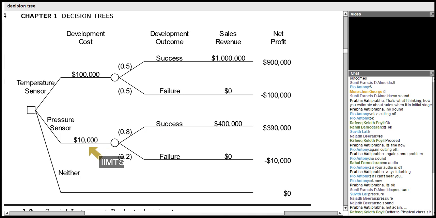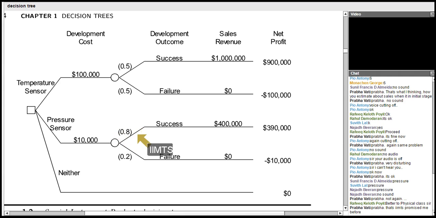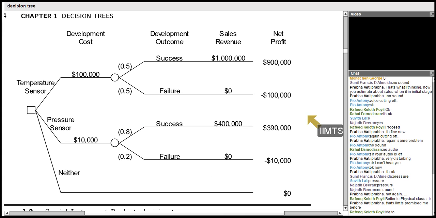But when it comes to the probability of the pressure sensor to succeed, there's more probability that it's going to be successful and less probability that it's going to be a failure.